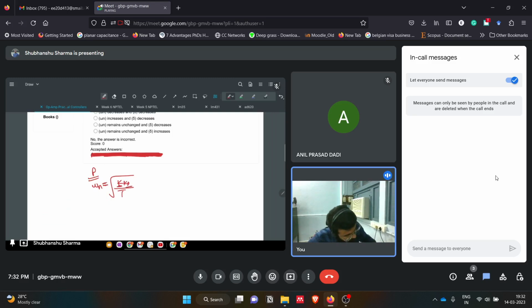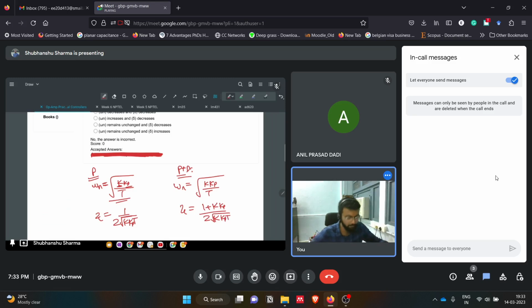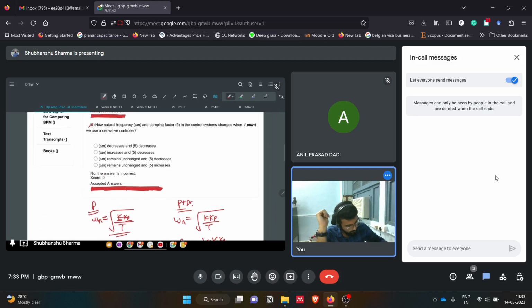This is the natural frequency, and zeta, the damping factor, is given by 1 by 2 root of K KP T. But when we use P plus D, the derivative controller, the natural frequency is the same, root of K KP by T only, and zeta is (1 plus K KP) by 2 root of K KP into T. So based on this you can answer this question also.